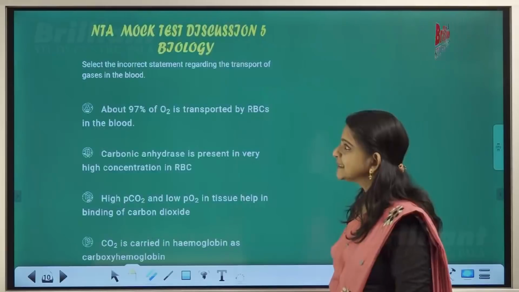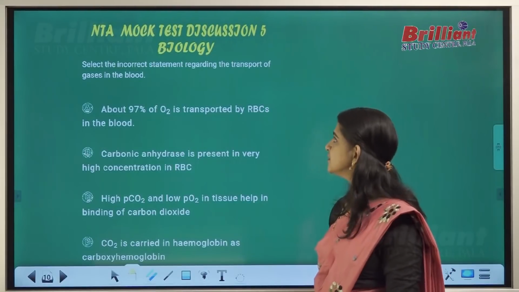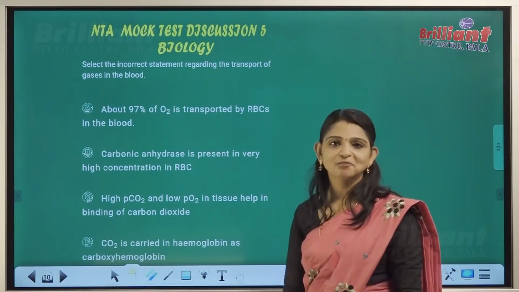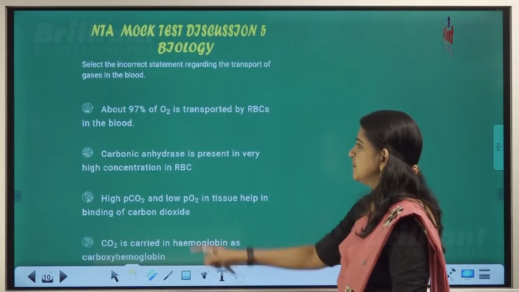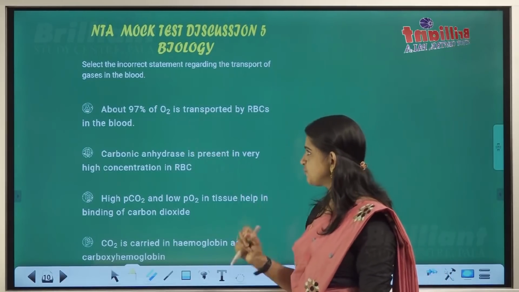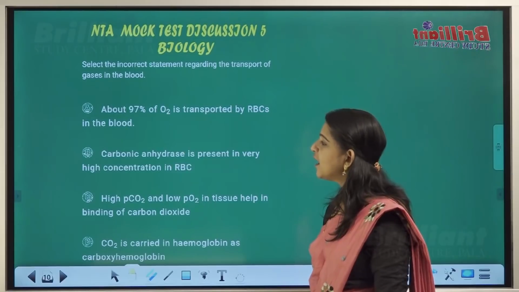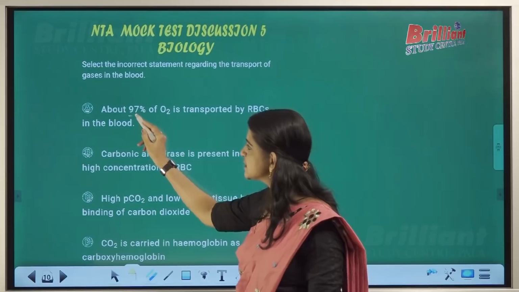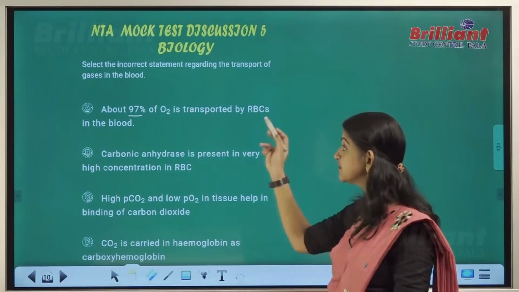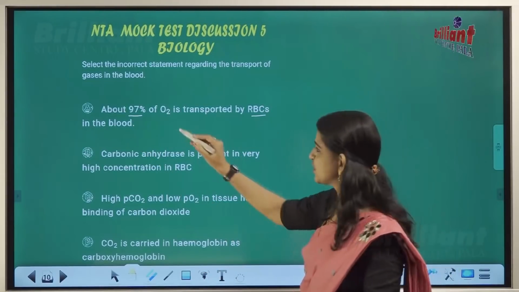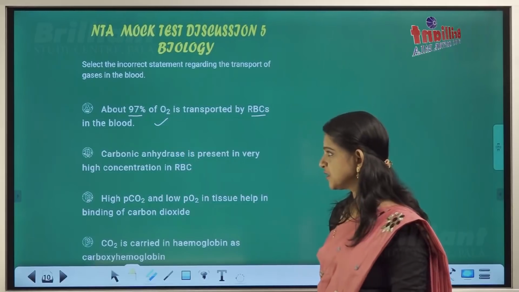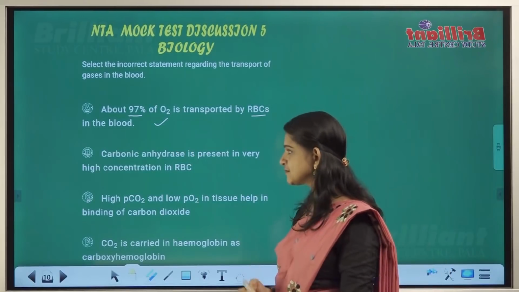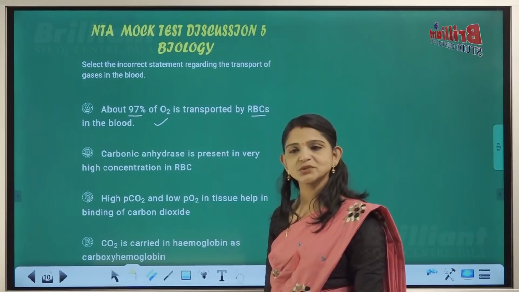Next one. Select the incorrect statement regarding the transport of gases in blood. Let us look into the options. About 97% of oxygen is transported by RBCs in the blood. That is correct. Next one, carbonic anhydrase is present in very high concentration in RBC.